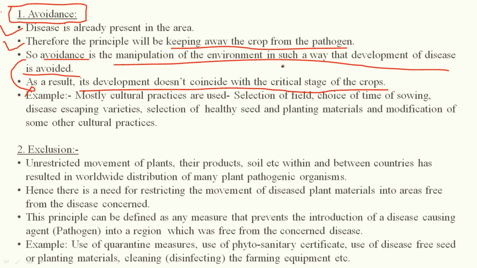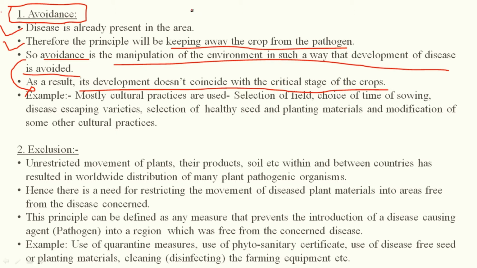When the pathogen comes into the environment, when it becomes active in nature, at that time the crop will be at the nursery stage. That means the critical stage of the crop is not coinciding with the pathogen development. Automatically the disease incidence will be disrupted and the damage can be avoided.